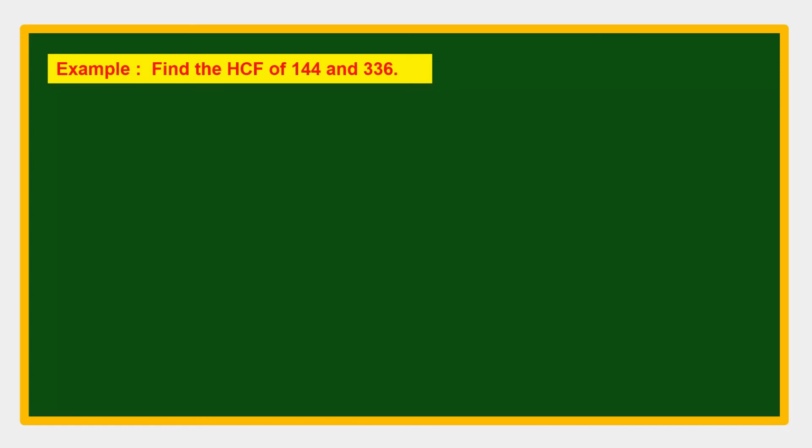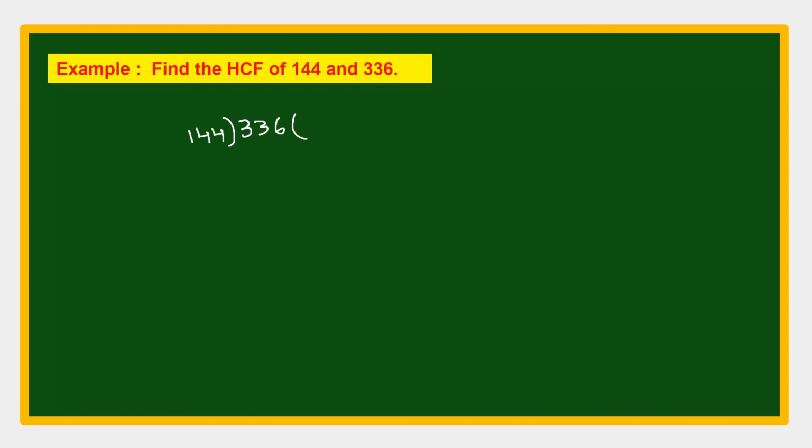Now another example. Find the HCF of 144 and 336. What we have to do? We have to divide the largest number by the smallest number till we get the remainder 0. Here the largest number is 336 and smallest number is 144.